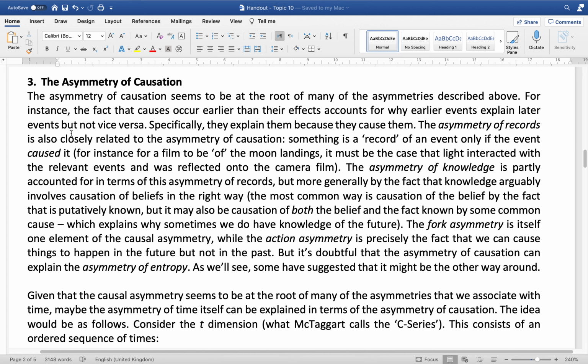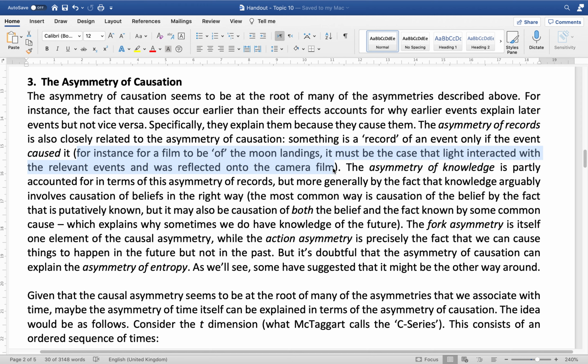Something is a record of an event only if the event caused it. So the example on the handout is, for instance, for something to be a film of the moon landings, it must be that the moon landings caused the record, right? Caused the images that we have. Otherwise, this wouldn't be a genuine film of it. It wouldn't be a genuine record of the moon landings.